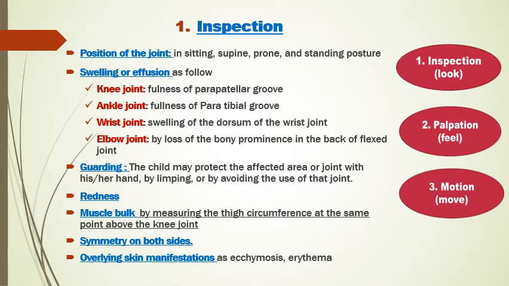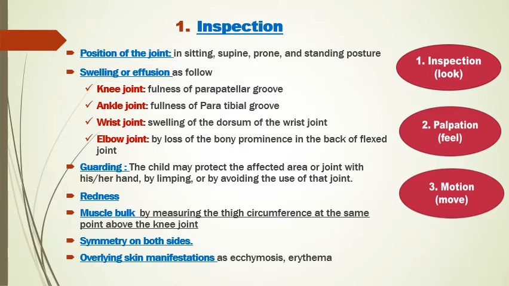On looking at the joint, or inspection of the joint, I look at swelling of the joint or guarding of the joint or redness or muscle bulk or symmetry on both sides or overlying skin manifestation. I must look at all of these points.